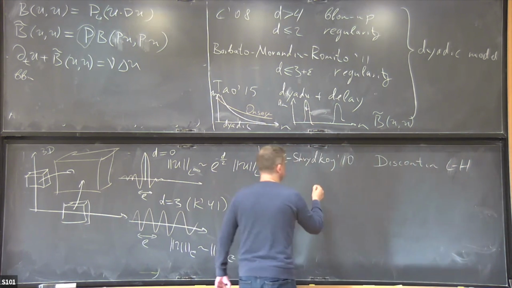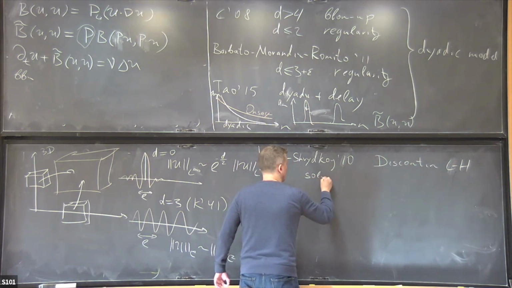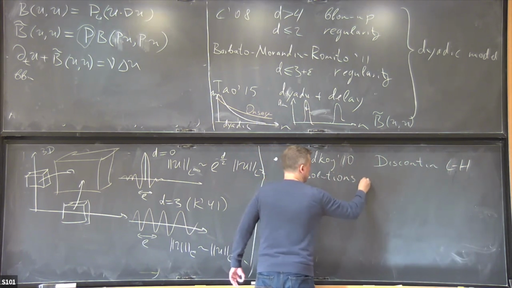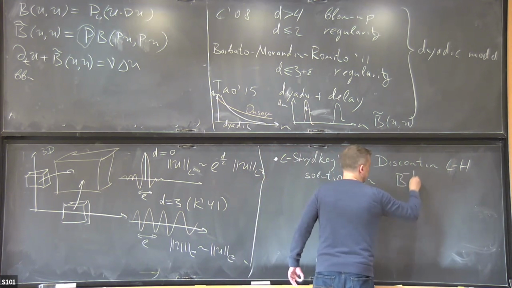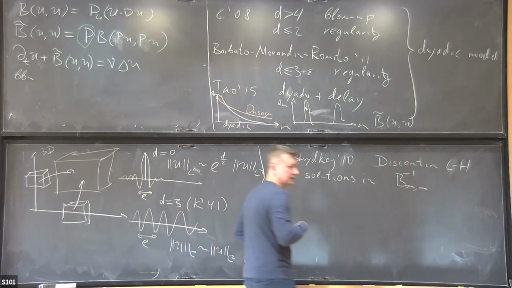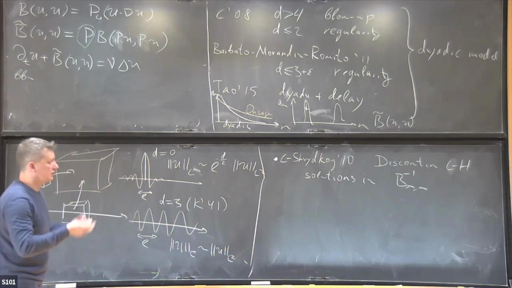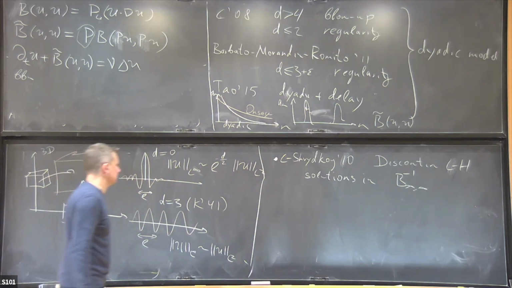Not just weak solutions, Leray-Hopf solutions, in the largest critical space, d minus 1, infinity, infinity. I'm not going to define it. It's a space that contains all the scaling invariant spaces.